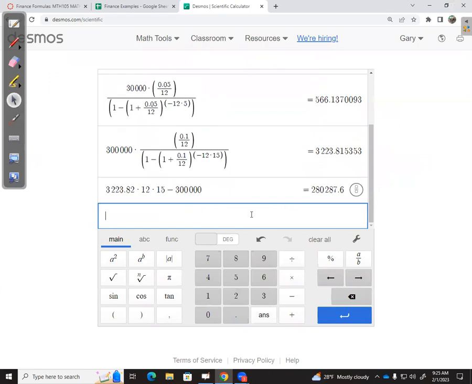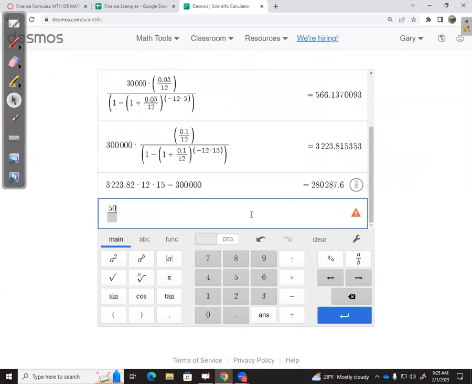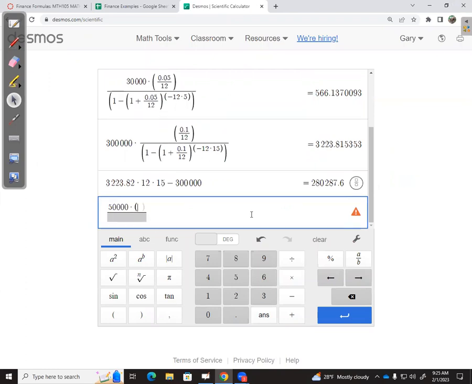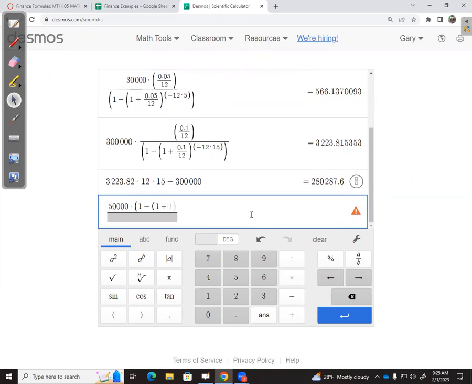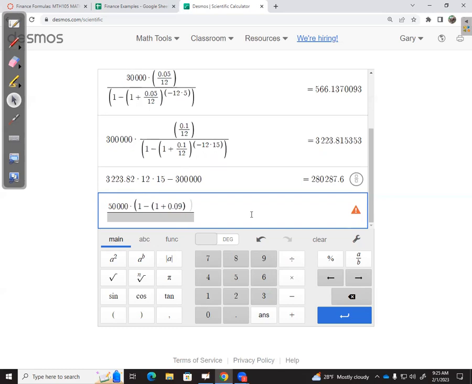So I've got the fraction 50,000 times parentheses 1 minus parentheses 1 plus, and dividing by 1 is boring, so I'm just going to say it's 0.09, and then the power is just the number of years, negative 25, because it is a withdrawal.